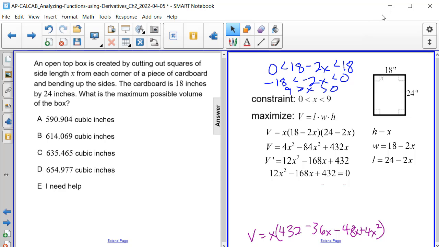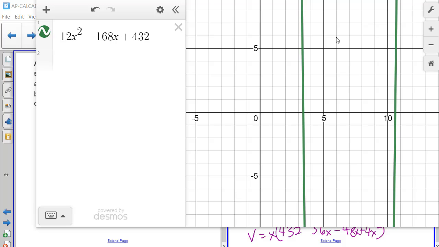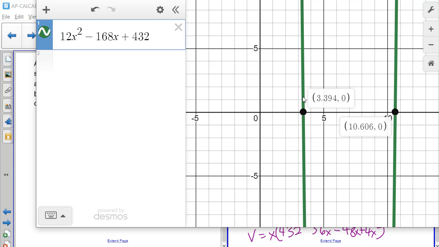I'm going to actually utilize the graphing calculator and finding zeros option. So here's what the graph will look like. And if we click on it, we have these two zero values. We have x is equal to 3.394, and we have 10.606.